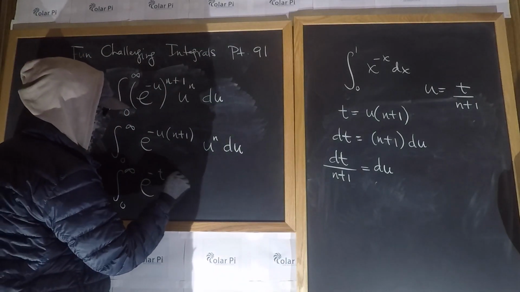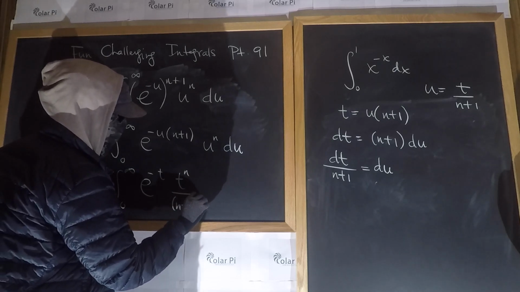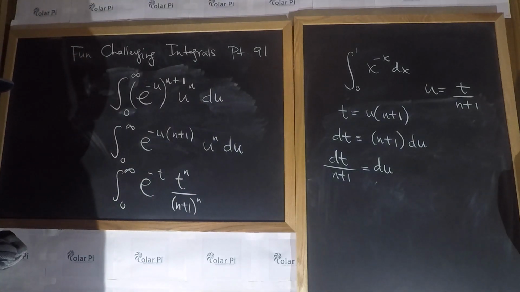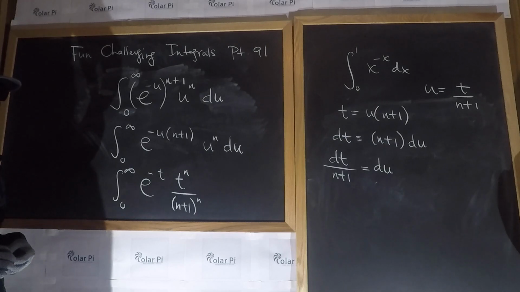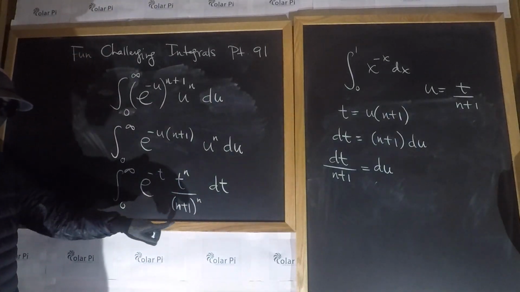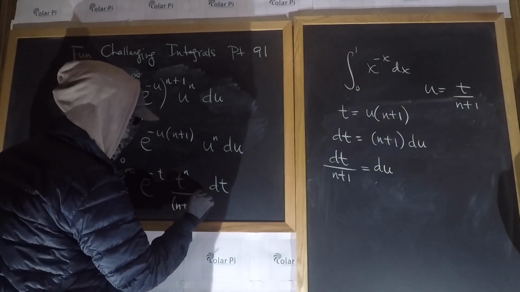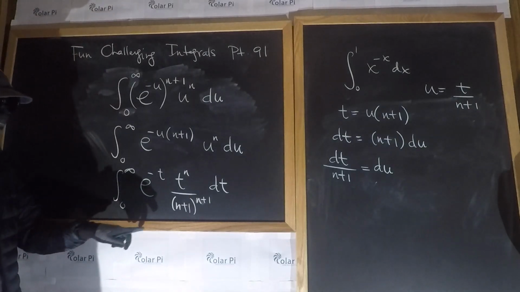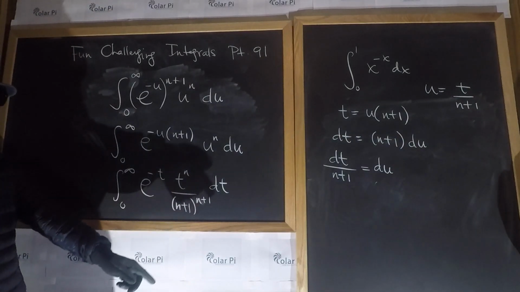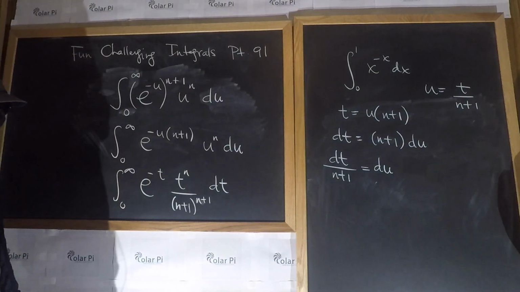So that is t to the n over n plus 1 to the n. All right, that's u to the n, and du is dt over n plus 1, but we've got an n plus 1 here, so we just go n plus 1 right there, right? Because it was n plus 1 to the n, and then times 1 over n plus 1 makes that, right? Okay.